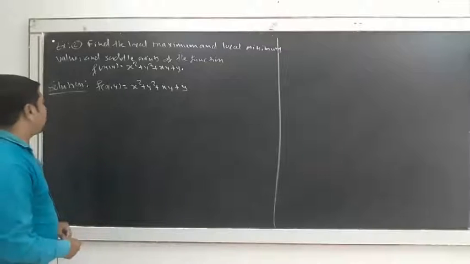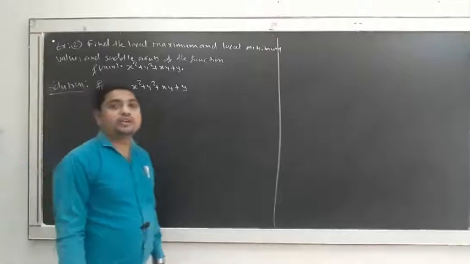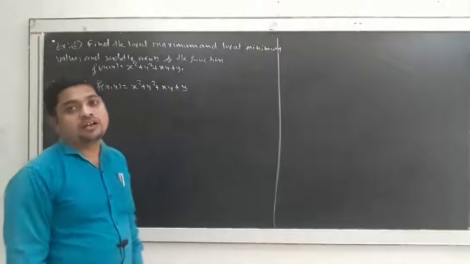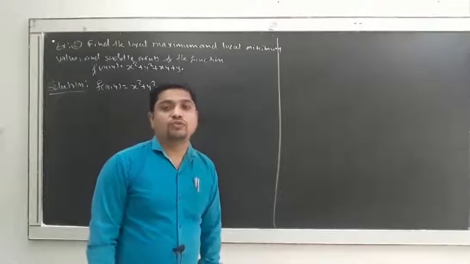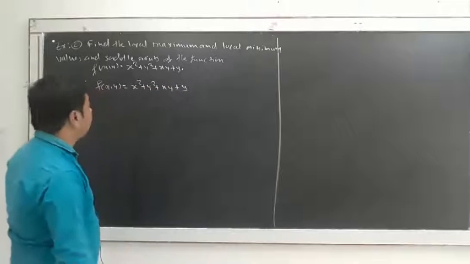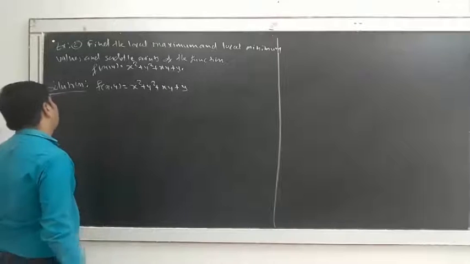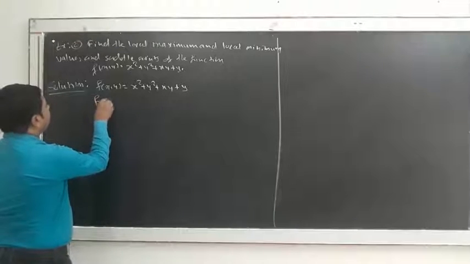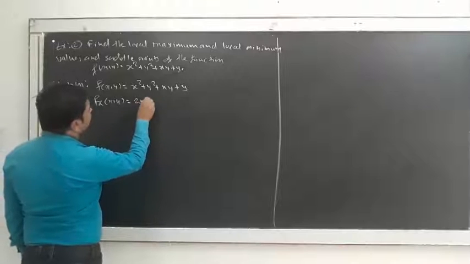Now what do we have to use here? First you have to use the first derivative test, that is fx equal to 0, fy equal to 0, and we have to find the critical points. For this we have to find the first derivatives. So what is fx at (x, y)? It should be 2x plus 0 plus y.